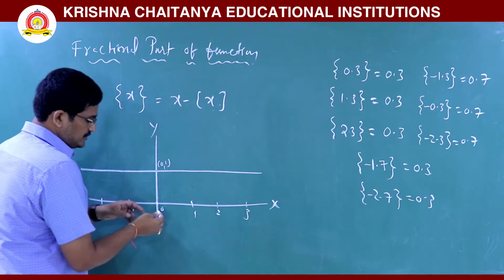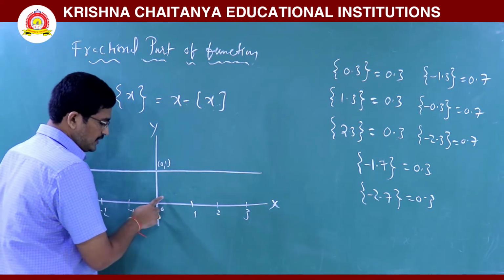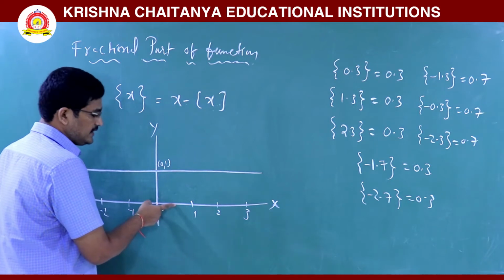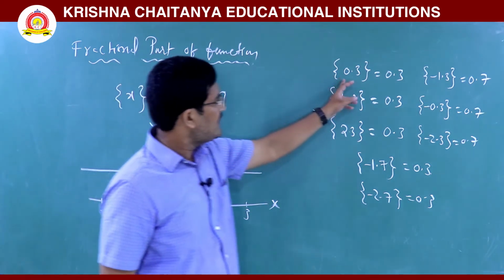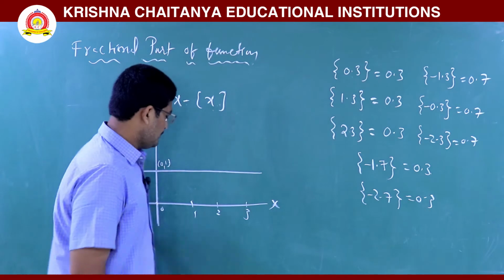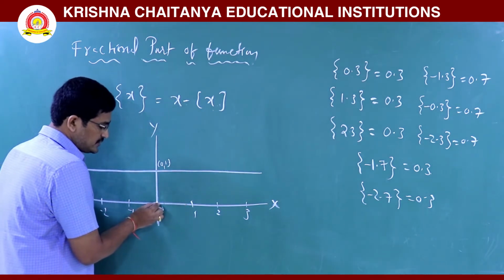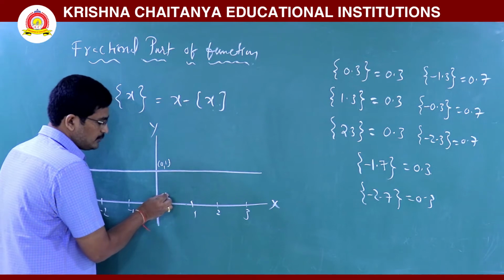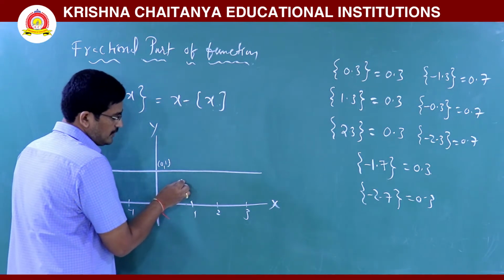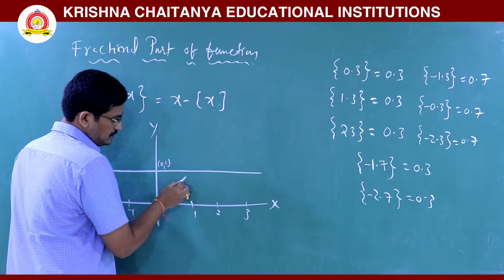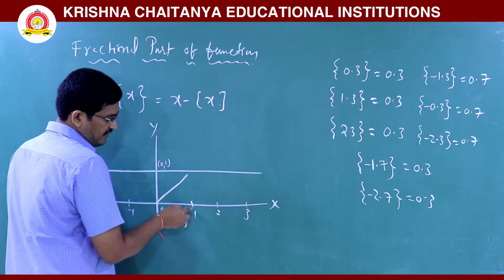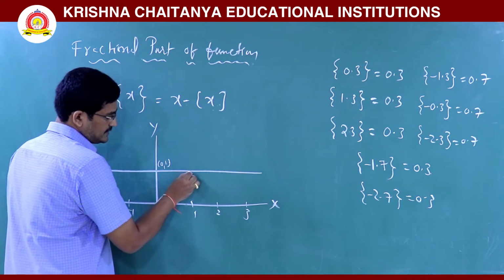The fractional part of 0.1 is 0.1, of 0.5 is 0.5, of 0.3 is 0.3, of 0.9 is 0.9. This line moves up to the value before 1, like this.